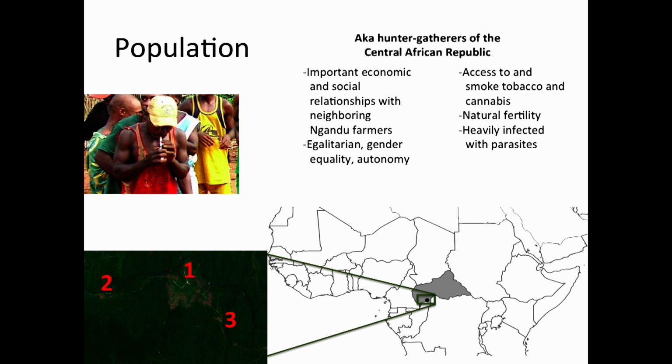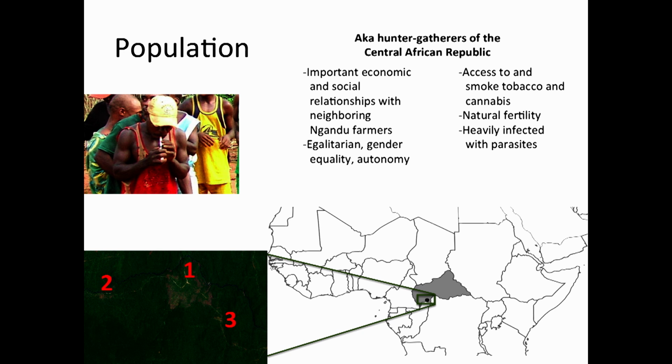So they provide labor to the villagers, the farming villagers, in exchange for plantation goods and Western goods that the villagers might buy at the local market. They trade forest products to the villagers for Western goods and agricultural goods. So they have a very strong interdependent economic trading relationship with these populations.